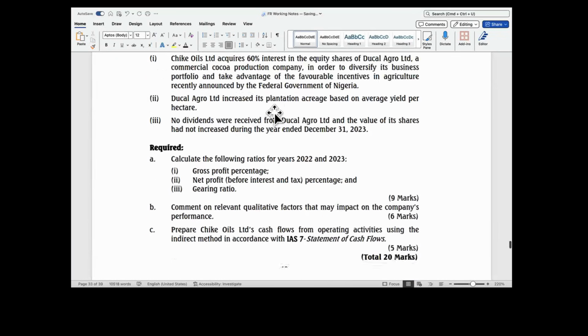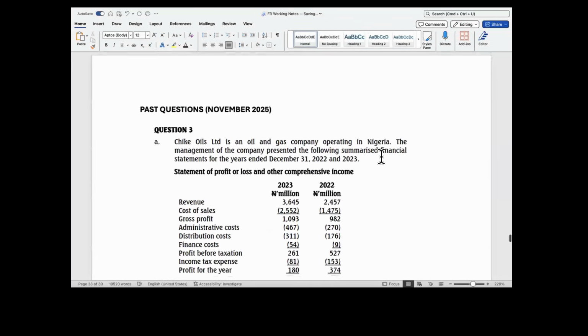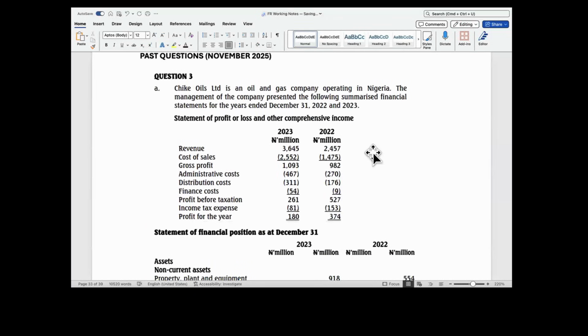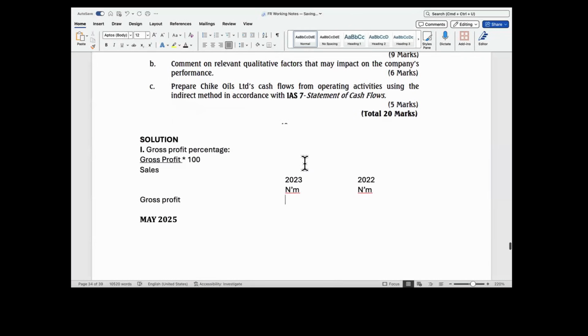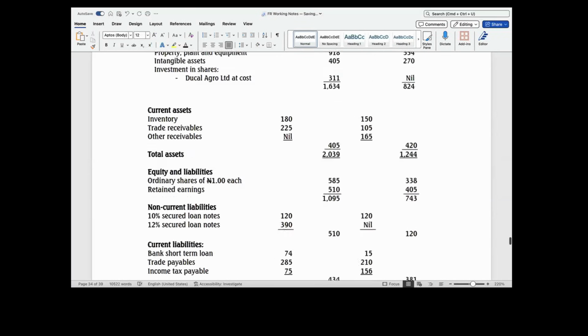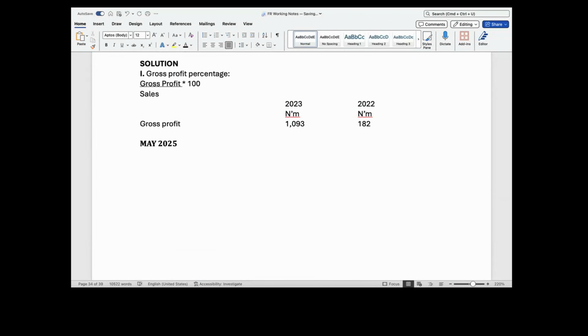So let's get the gross profits for 2023 and 2022 from the P&L. In 2023 it is 1093, in 2022 it is 982.